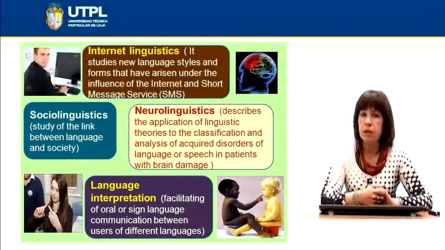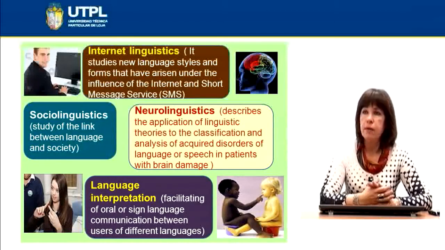All of you might know that when we write messages using our cell phones, to save our time, we don't use a complete word, but we use just its shortened version. For example, instead of writing the pronoun you, we can just write the letter u. So it's an example of how internet linguistics is used.